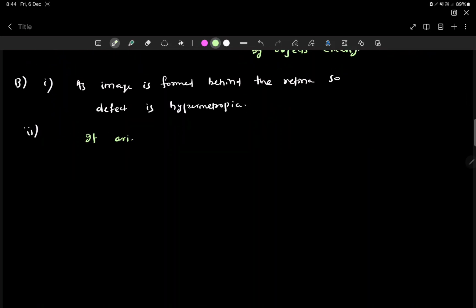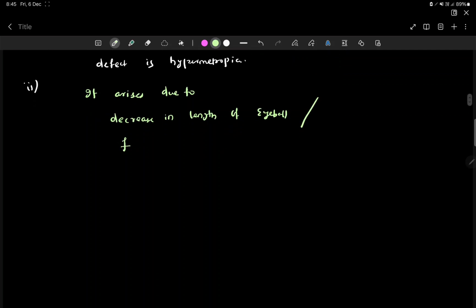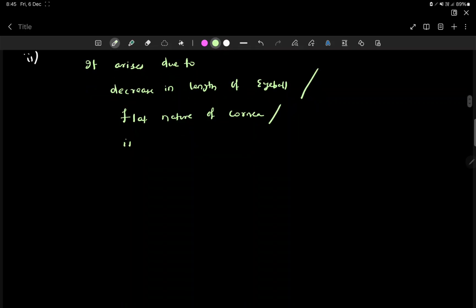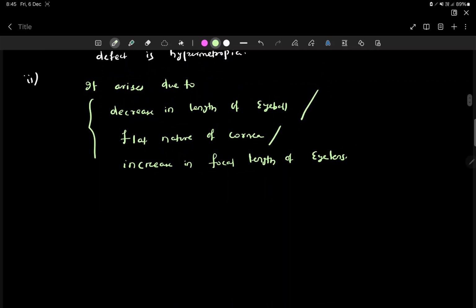It arises due to decrease in length of eyeball, or you may write it arises due to flat nature of cornea, or due to increase in focal length of eye lens. As per the question, you have to write any one out of these three.